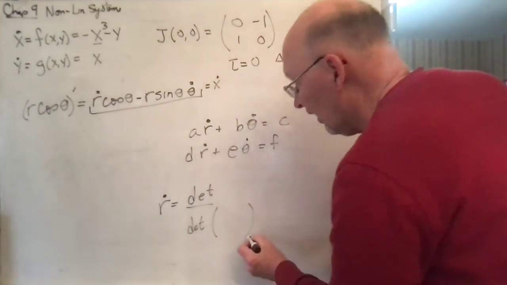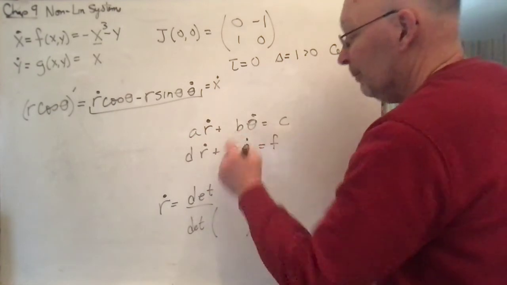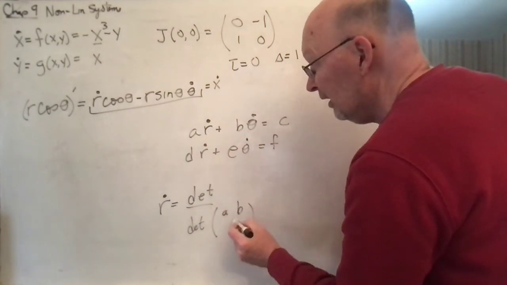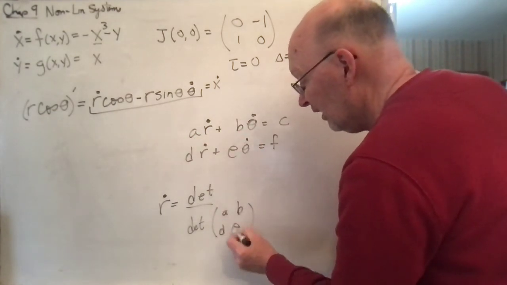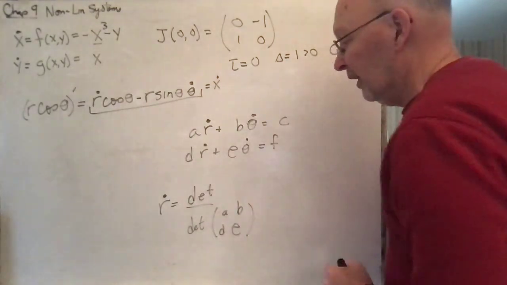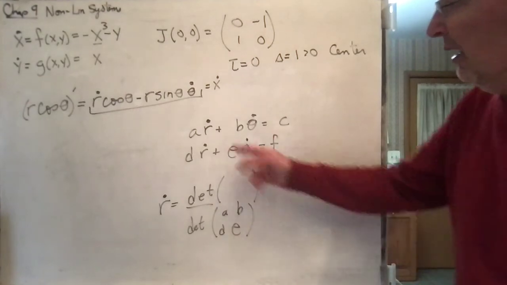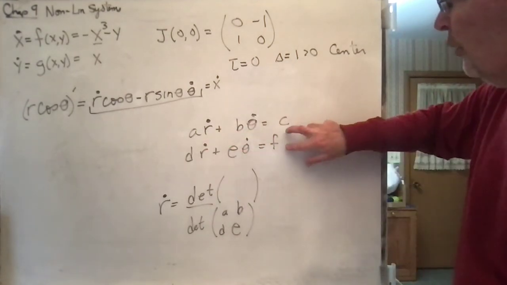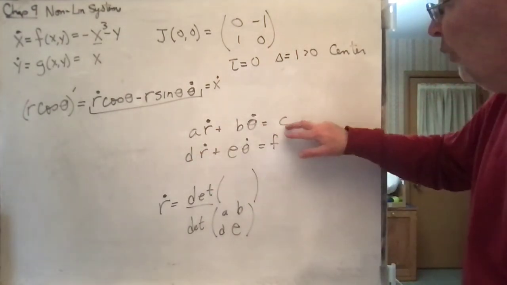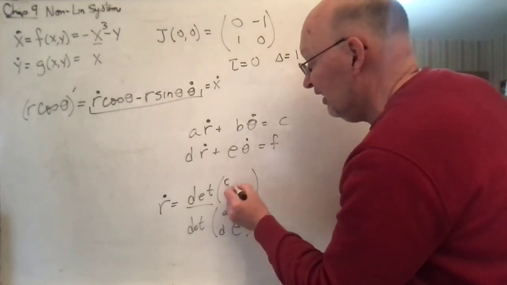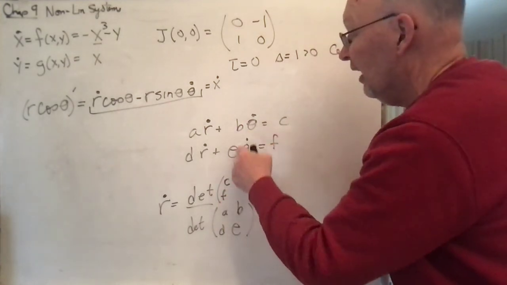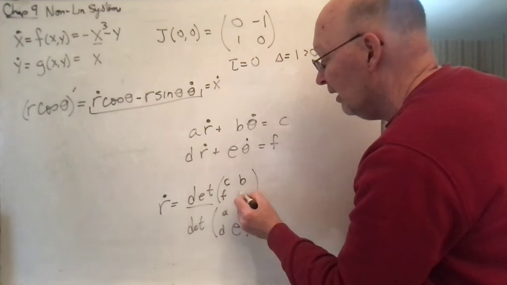The determinant on the bottom is just what you get by putting in a, b, d, and e. Those things right there. The determinant on the top, since you're trying to find r prime, you replace a and d with these two things. So it's going to be c and f right there, and these stay the same, b and e.